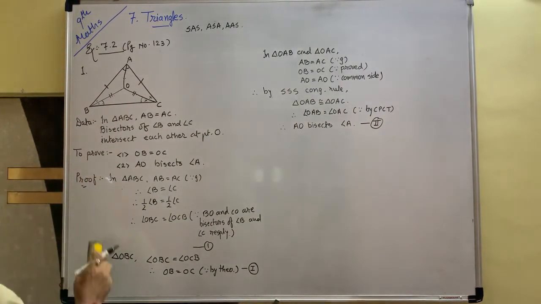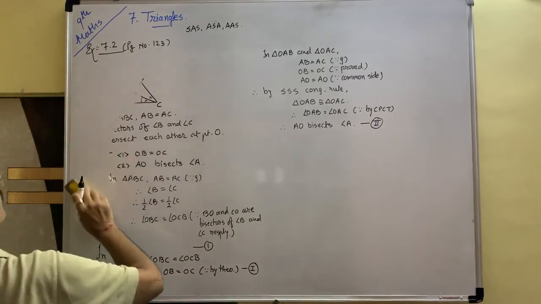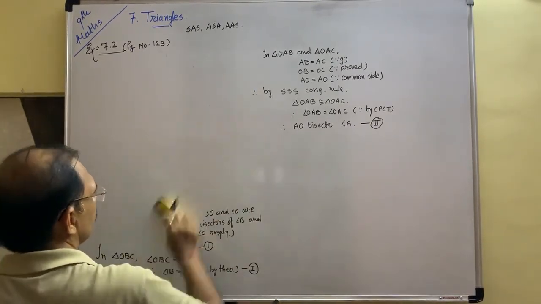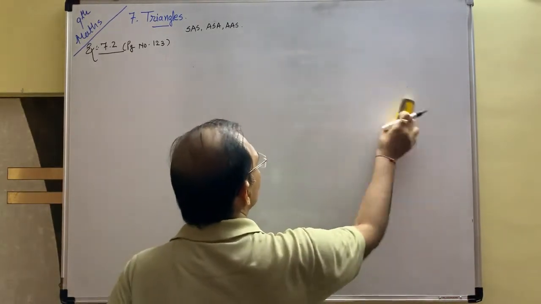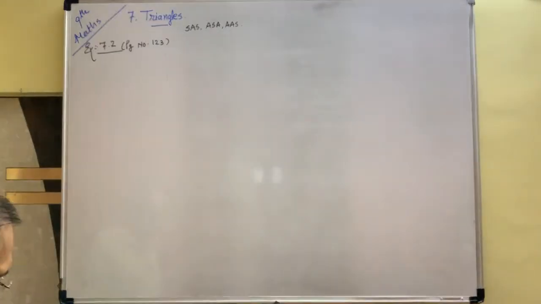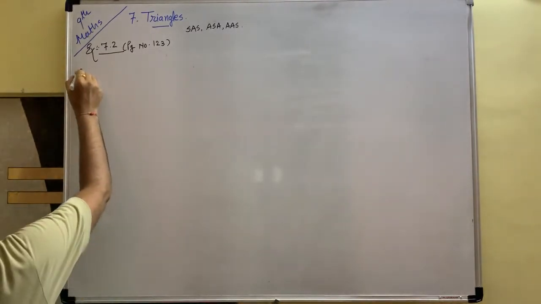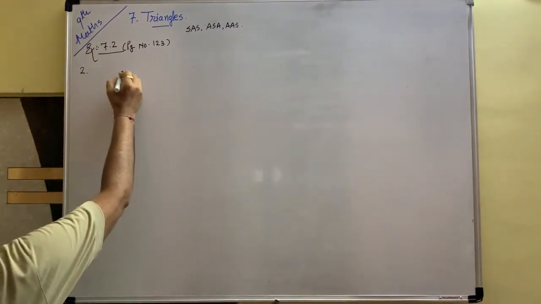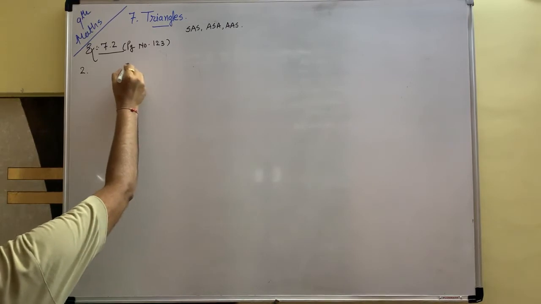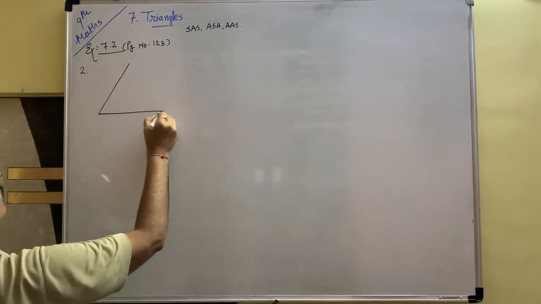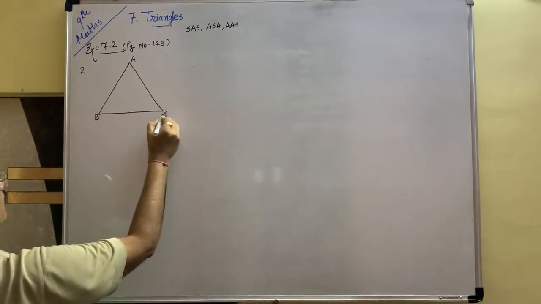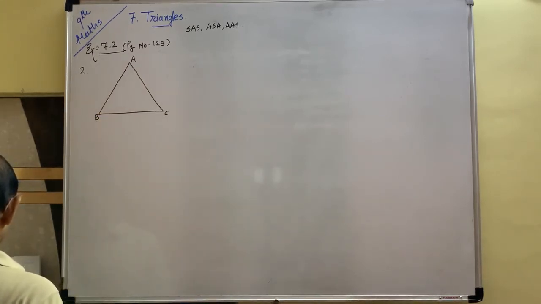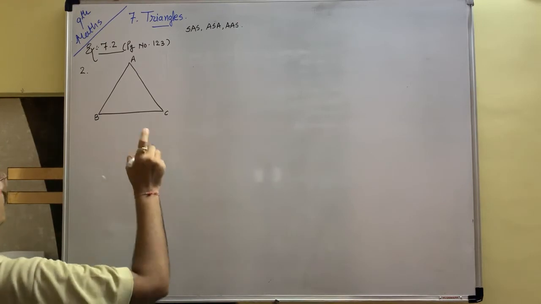In triangle ABC, the diagram is given, figure number 7.30. AD is the perpendicular bisector of BC.